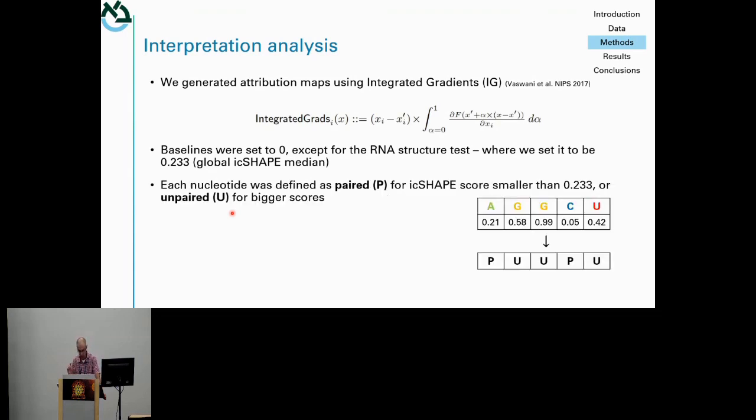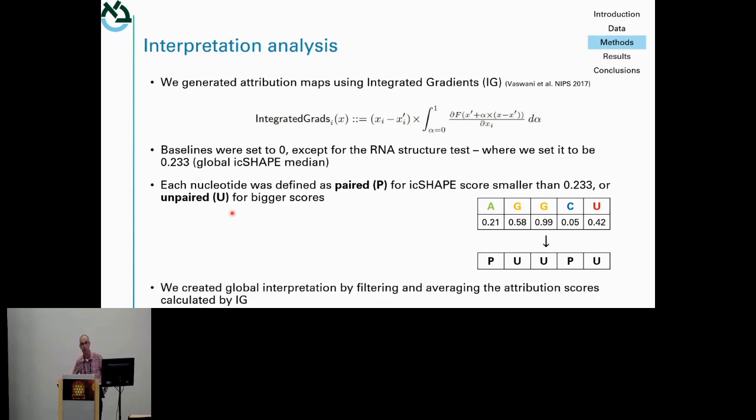We also converted each of the structure symbols to P and U, depending on whether they were smaller or greater than this median. And we also performed global interpretation, looking at the preference for the region type, as well as the preference on the sequence level in the form of an integrative motif.